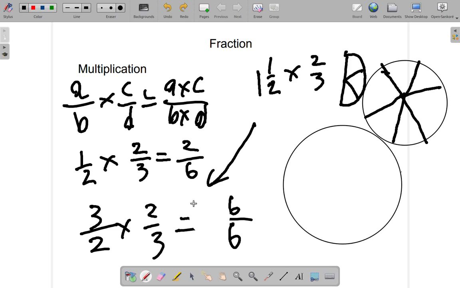All right. Now if you take all of this, how many sixths do you have? 1, 2, 3, 4, 5, 6, 7, 8, 9. 9 sixths. So this is 1 entire circle, 1/2 more, and we want to see how many sixths we have. 9 sixths. 2/3 of that.